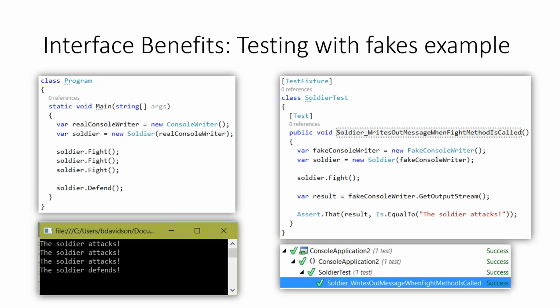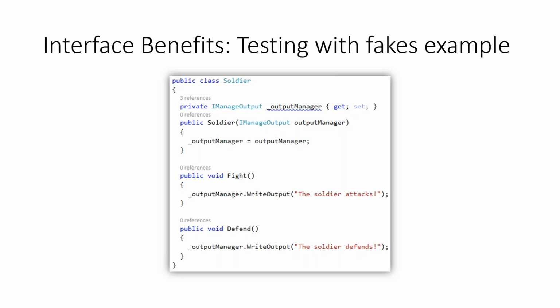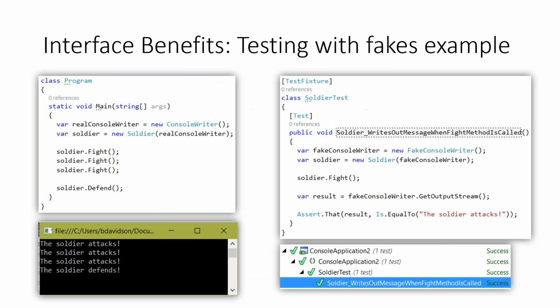However, the fake console writer just stores it in memory in a string variable. And I can get the value of that string variable by calling getOutputStream. You can see here on the right-hand side in my test, right? So fight uses the output manager that is of type IManageOutput and just does output, okay?